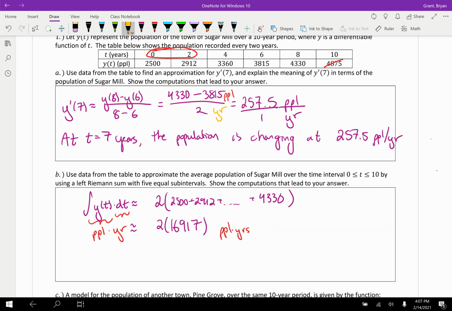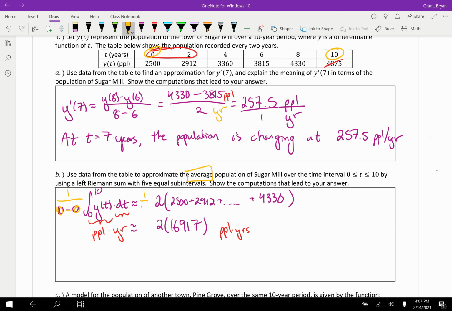In fact, we missed a small part of this, and I did actually do this on purpose. They asked us to find the average population. And if I want to find the average value of the population, then we do need to incorporate the average value theorem, right? We went from 0 to 10, and I need to multiply by 1 over 10 minus 0. And the reason that works is because 10 and 0 are time values.